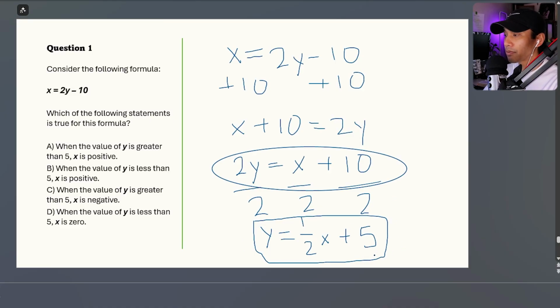Just from looking at this problem too, we already know what the y-intercept is. And when you want to figure out the y-intercept, just set x to 0. If we set x to 0 right now without doing any math, we could just know that 0 times 1/2, anything multiplied by 0 is 0. We're left with 5, so y equals 5.